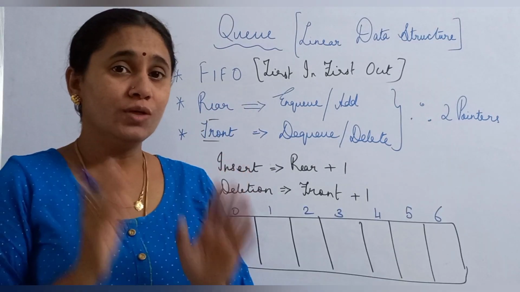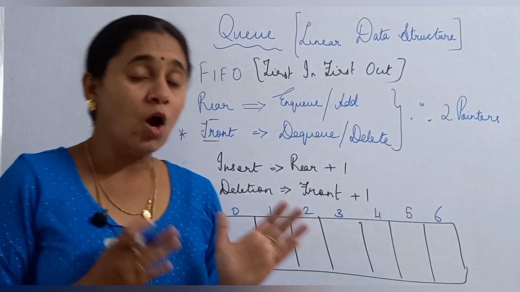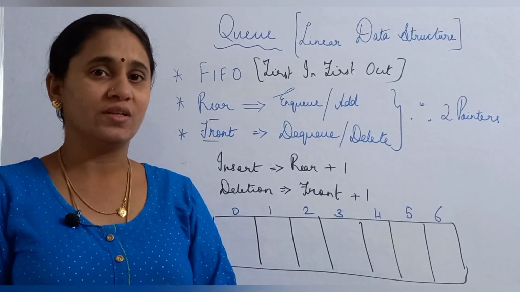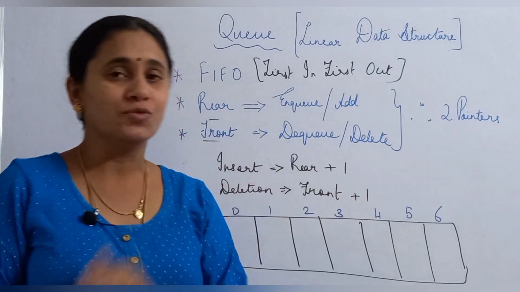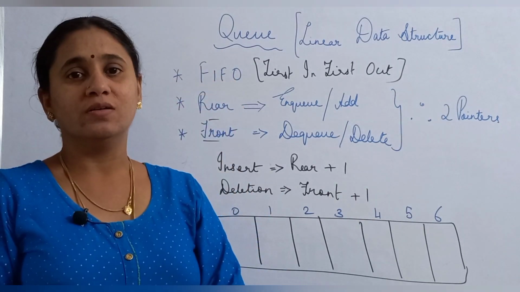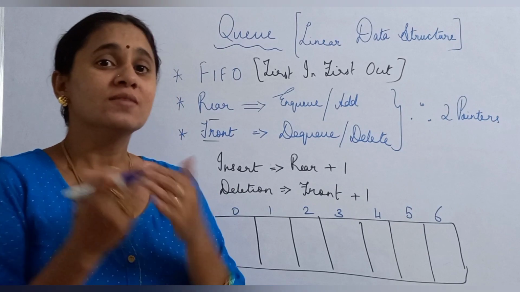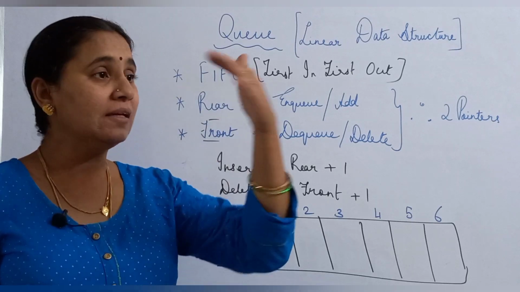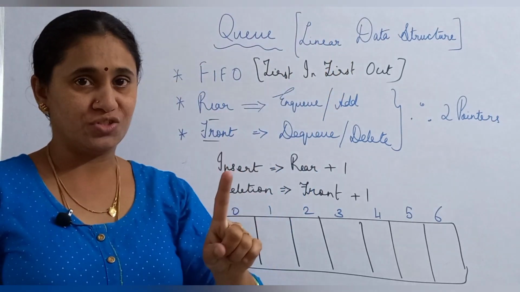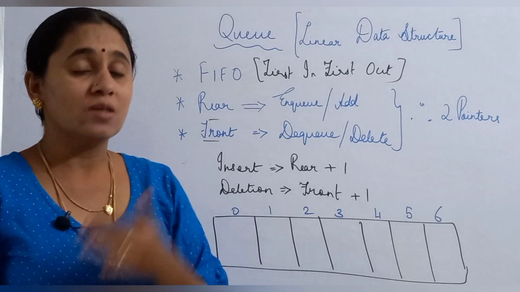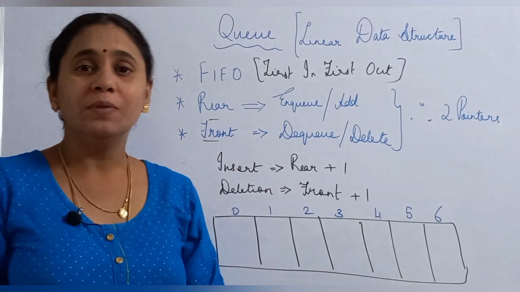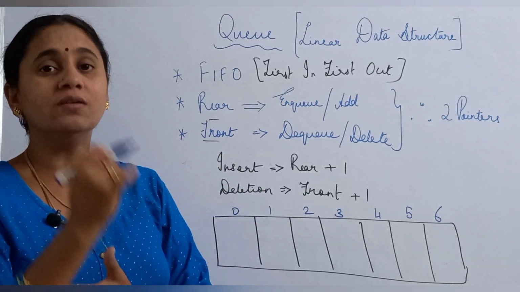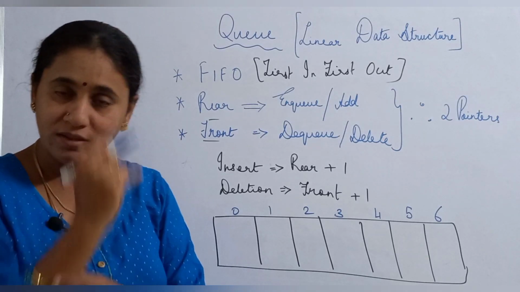Now, how are we going to delete and insert an element in the queue? I told you we are going to use two pointers, isn't it? In the stack, we were using a topmost pointer. Suppose I want to push an element, I increment the pointer by one position and then insert. If I want to delete an element, I pop out the element and decrement the pointer by one location in a downward direction.